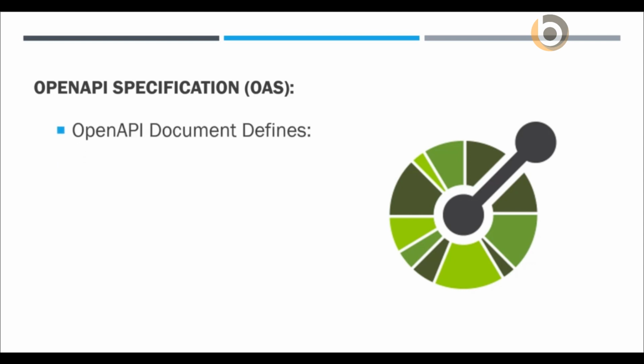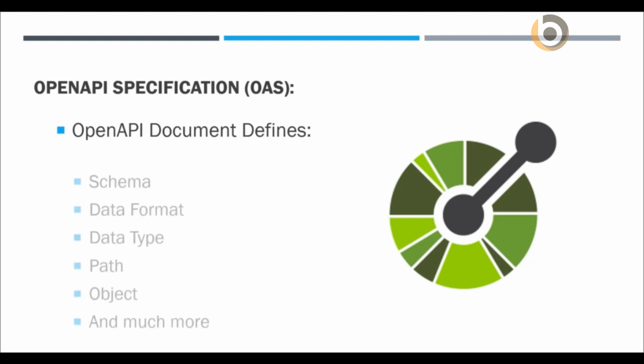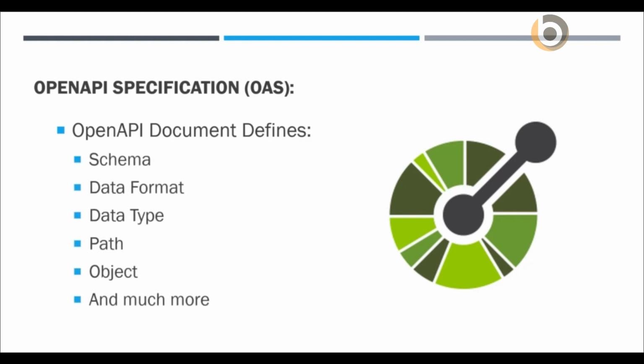The OpenAPI document defines the schema of an API. The schema is an abstract definition of what the API should look like. Think of it as a blueprint of how data in the API should look when being created.